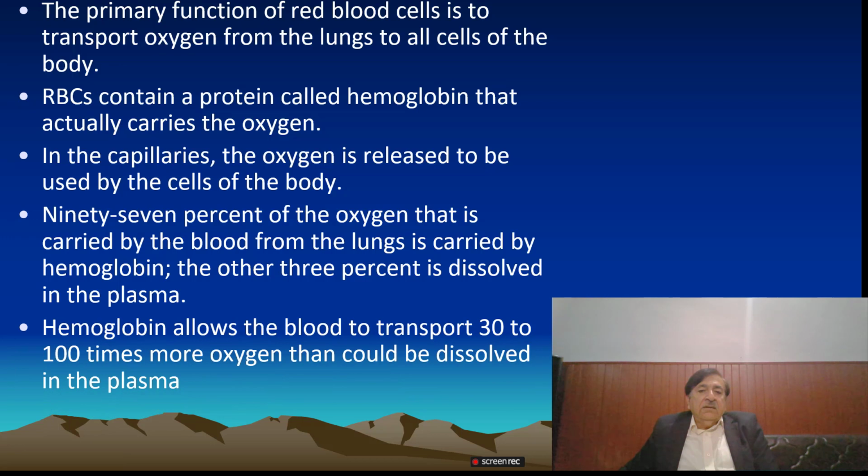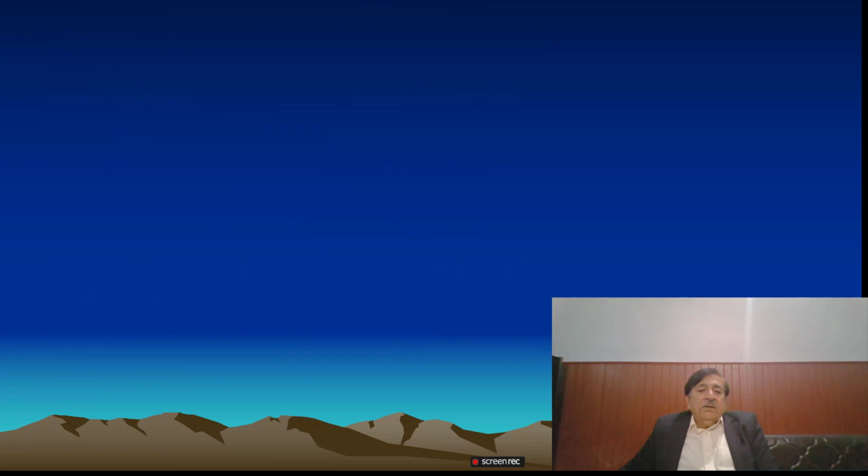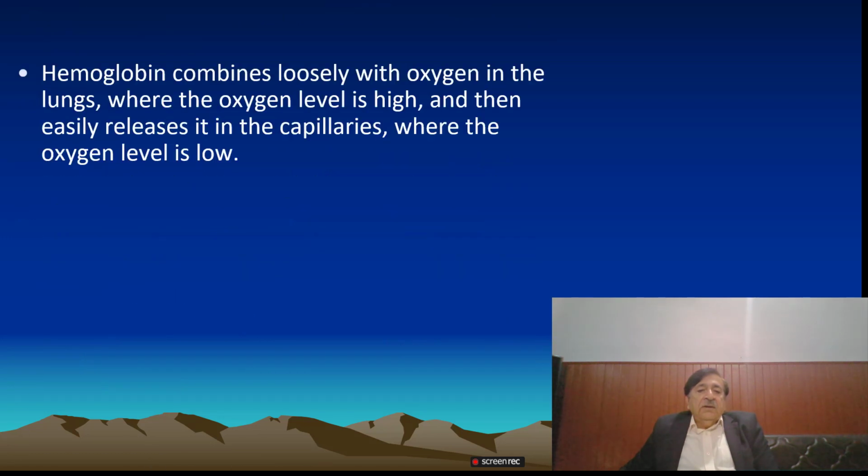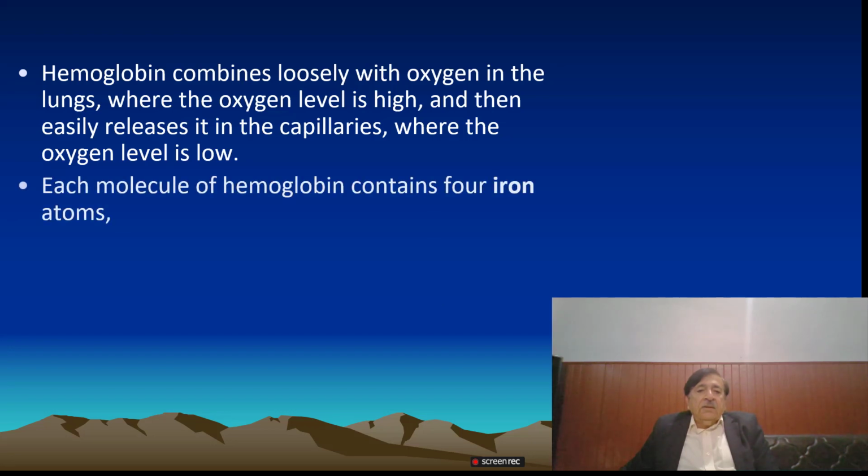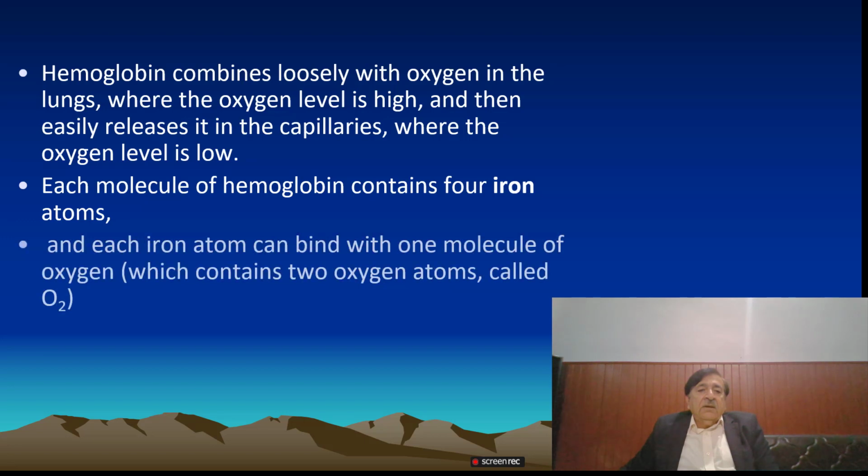The other 3% is dissolved in plasma. Hemoglobin allows blood to transport 30 to 100 times more oxygen than could be dissolved in plasma. Hemoglobin combines loosely with oxygen in lung where the oxygen level is high and then easily releases it in the capillary where the oxygen level is low.